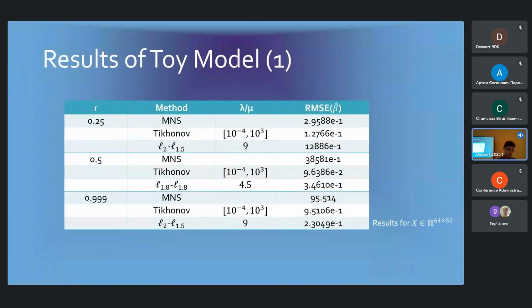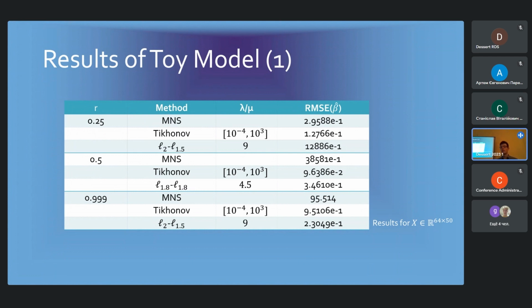Here in the toy model, we can also validate that for bigger matrices and a larger number of columns, regularization is no longer needed.